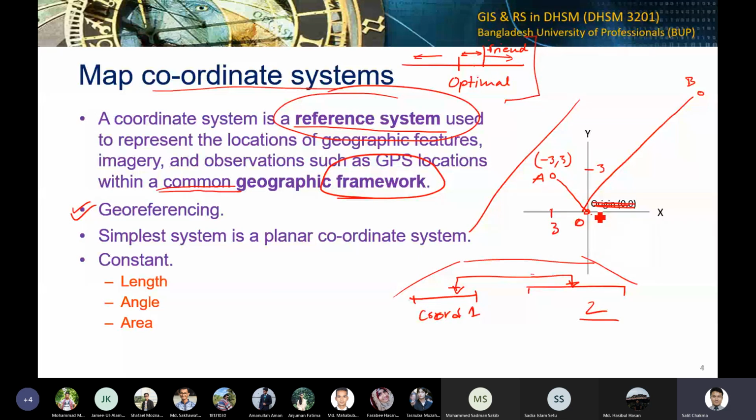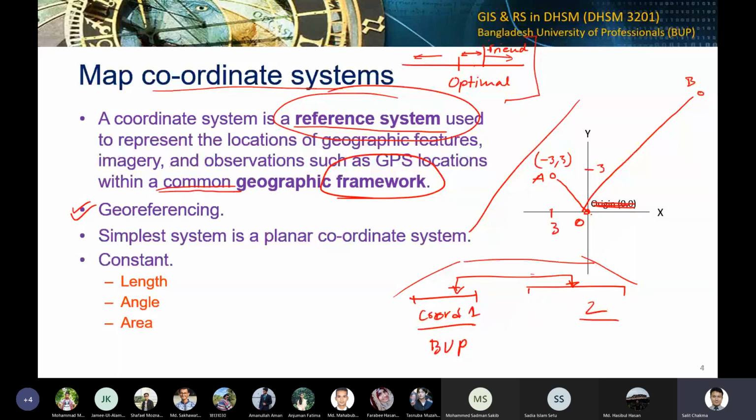So for example, these data were collected, since it's from BUP to reach Mirpur 12, using coordinate system 1, which has BUP as the origin point. Now this data was disseminated, given to different people. It was released online, but the information on the coordinate system wasn't given.